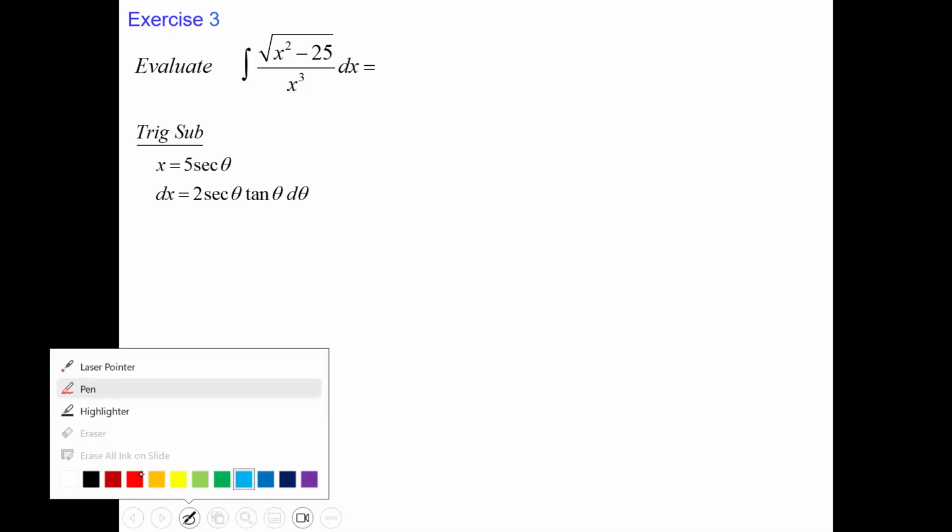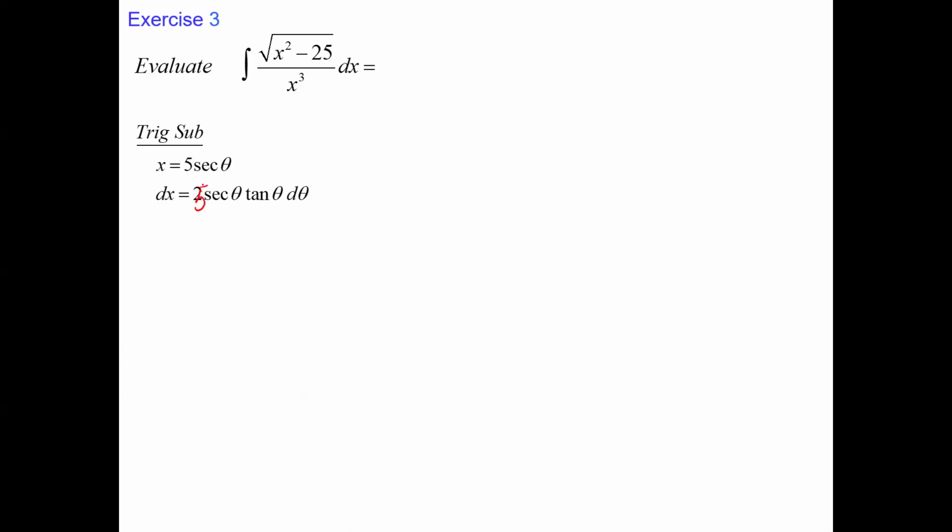Then the substitution is x equals 5 secant theta. This is supposed to be 5. 5 secant theta because it's minus the constant. And then the derivative of secant is secant tangent. Secant theta, tangent theta, and 5 because we do have coefficient 5. We need that 5 to be factored out later.